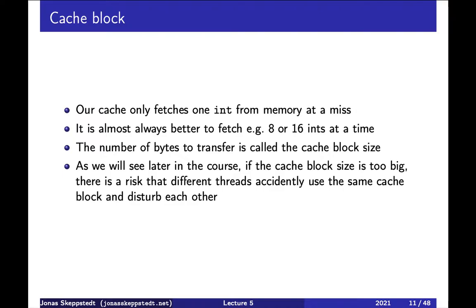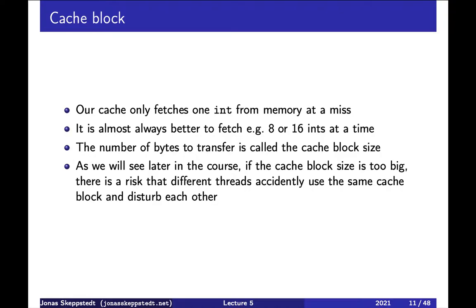Why? Well, if we go through an array, we typically iterate through it, and if we get the miss at the first element and fetch 16 array elements, then the next 15 will get hits. So we save time. And the number of bytes that we transfer to or from memory is called the cache block size.